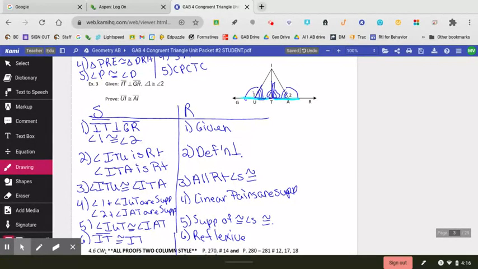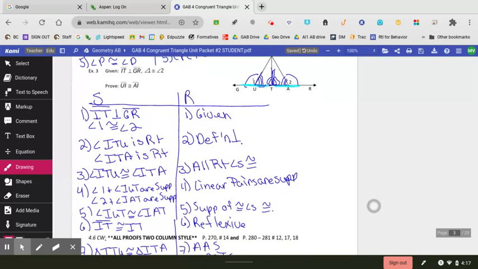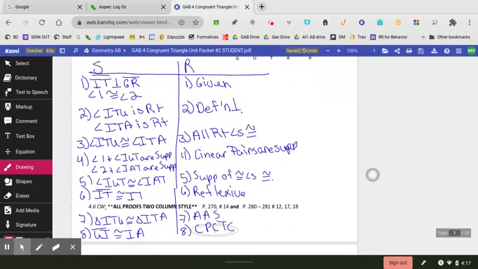Therefore, I know IUT is congruent to IAT because supplements of congruent angles are congruent. IT is congruent to IT because that's reflexive, because I need a side and they share the side. So then triangle ITU is congruent to triangle ITA by angle, angle, side. And UI is congruent to IA by CPCTC. So if you have any questions, please bring them to class.